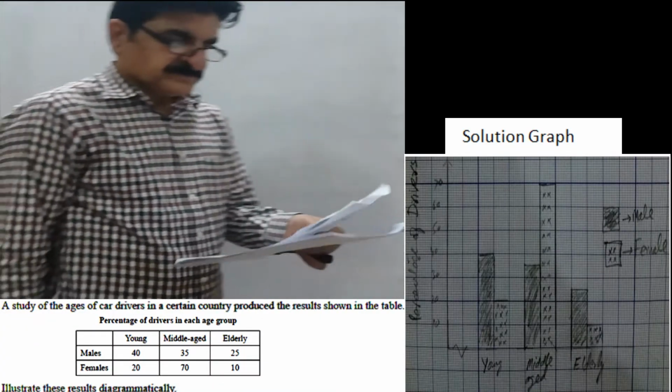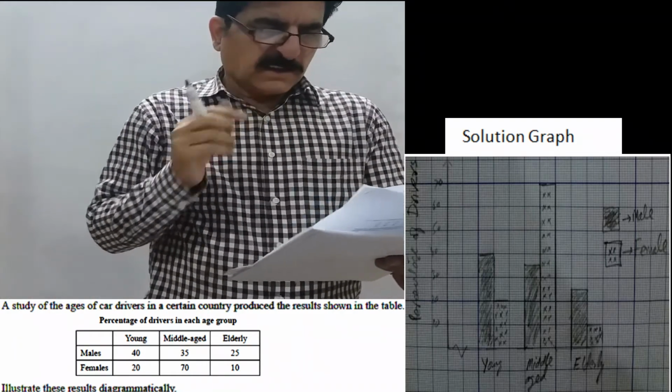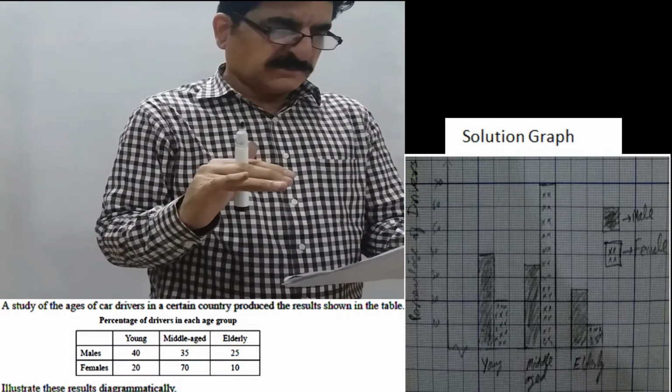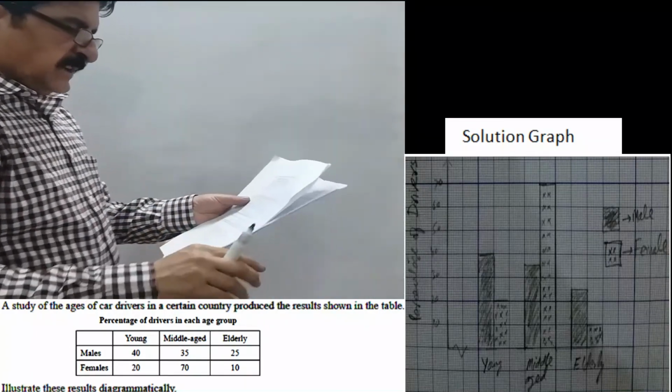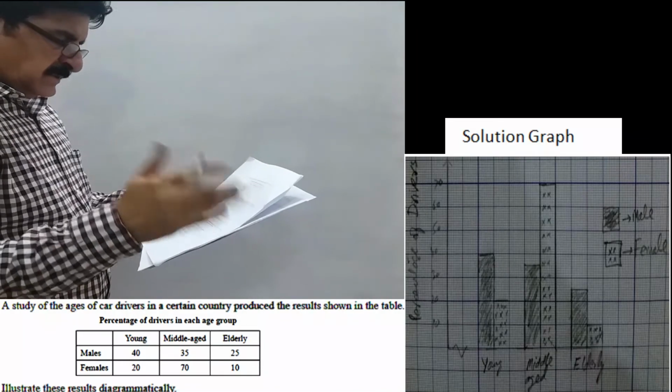Question number 9. Please read the question. Very simple question, but it asks you to illustrate this result diagrammatically. One way is to draw a bar chart. I have drawn the bar chart for you.